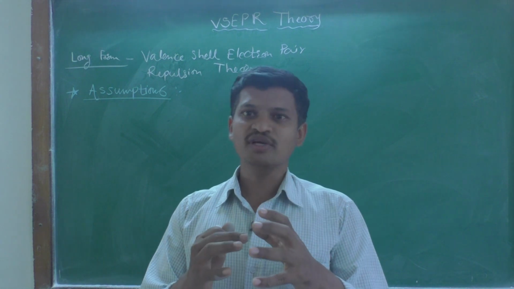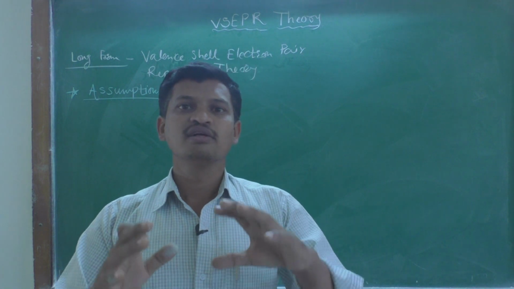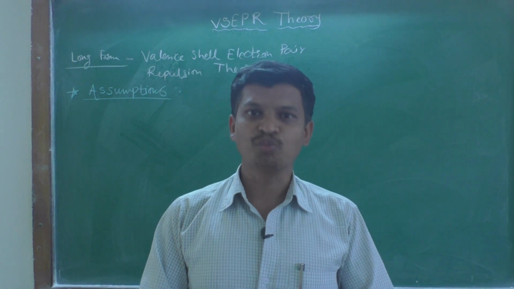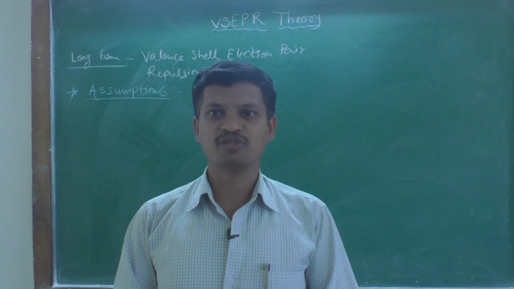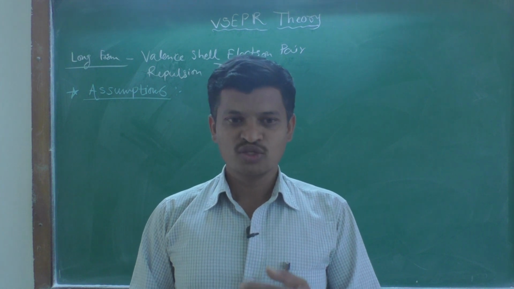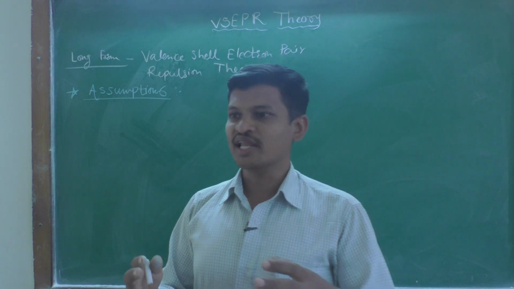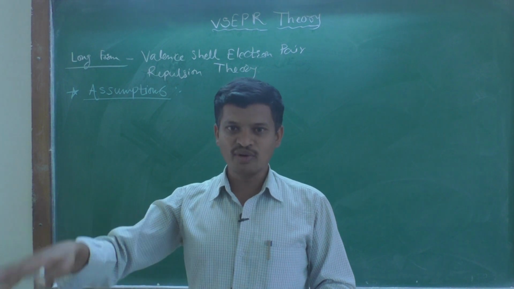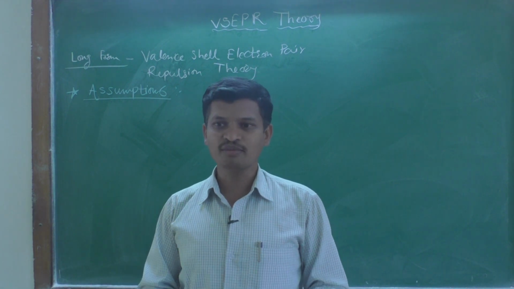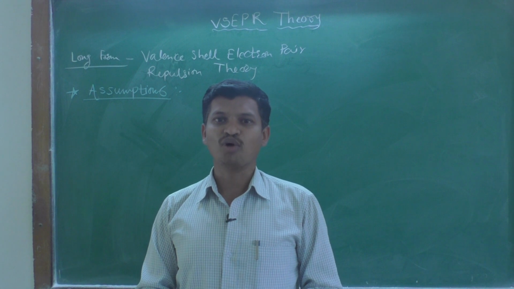So the central atom is one of the important things here to predict the shape on VSEPR theory. These electron pairs surround the central atom in that molecule.